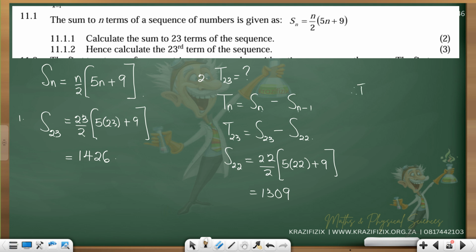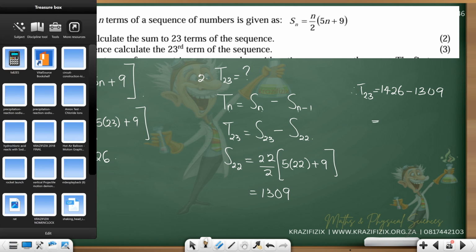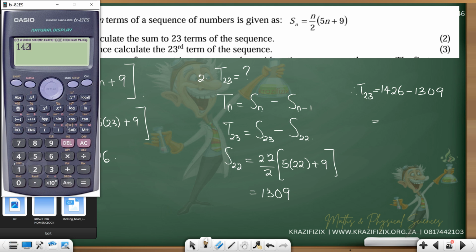Therefore, T23 will be 1426 minus 1309, which is 117.